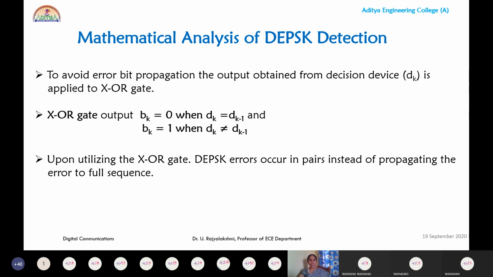Upon utilizing the XOR gate, DEPSK errors occur in pairs instead of propagating the error to the full sequence. Because you are using the XOR gate, it reduces the error propagation to occur in pairs.